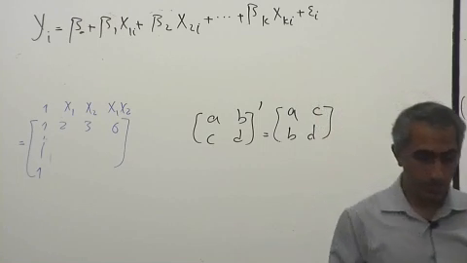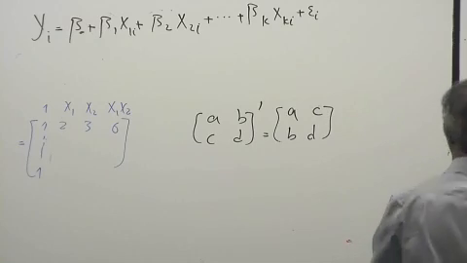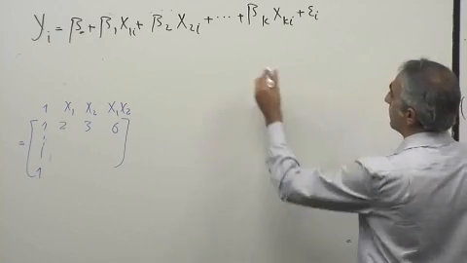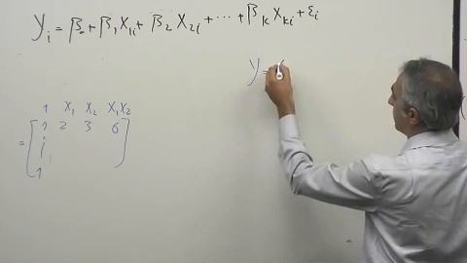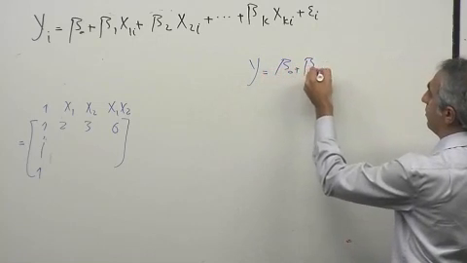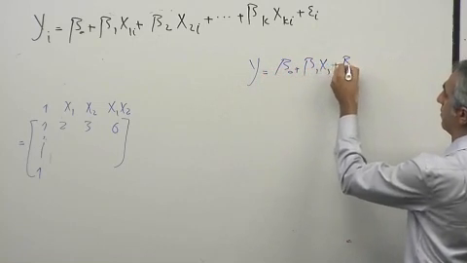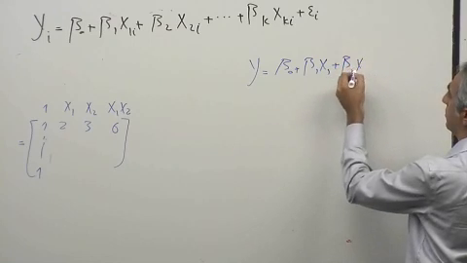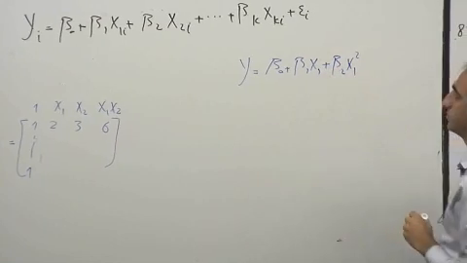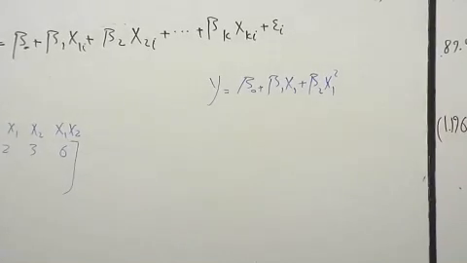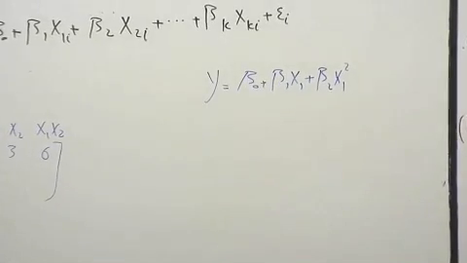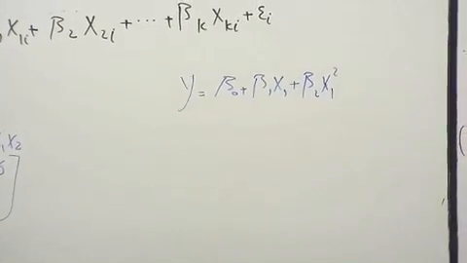What if I want to have one example like this? Beta 0 plus beta 1 x1, beta 2 x1 squared. This is also multiple regression. Okay?